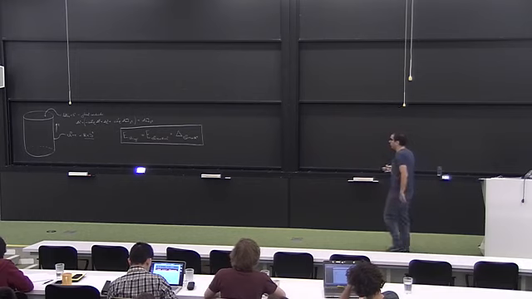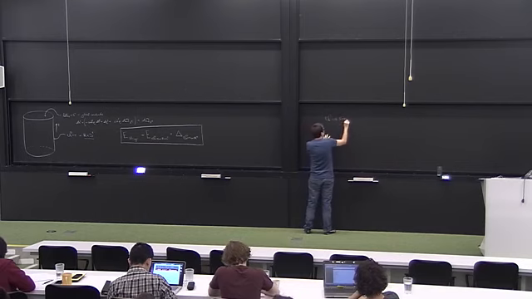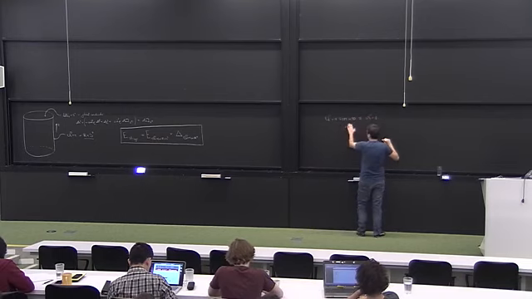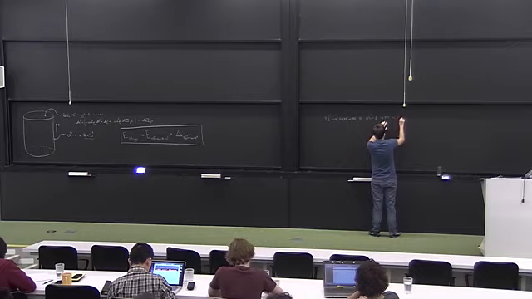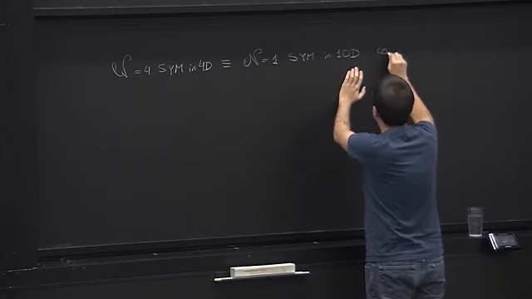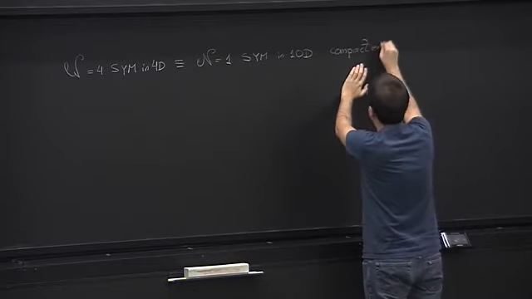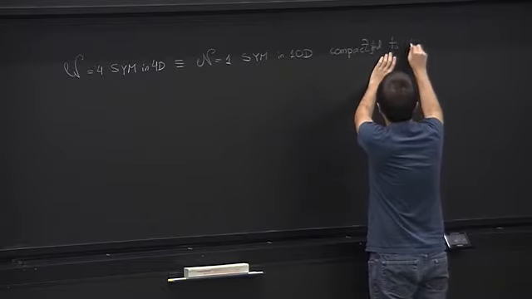So a simple way of understanding N equals 4 super Yang-Mills in 4 dimensions is to think of it as coming from the low energy description of open strings in 10 dimensions, which is given by N equals 1 super Yang-Mills in 10 dimensions, compactified, that is, you say that the fields don't depend on the extra 6 dimensions, compactified to 4 dimensions.